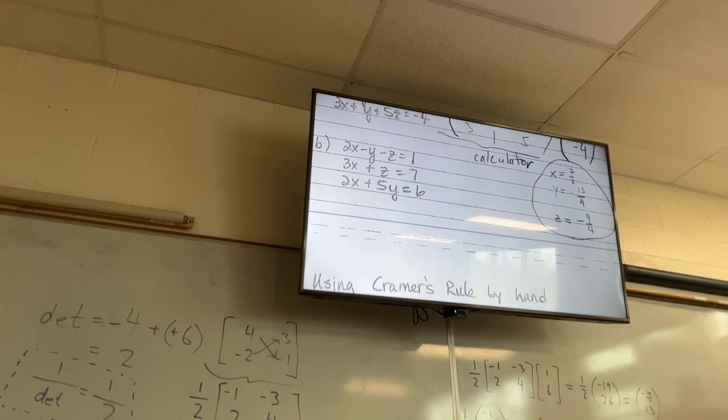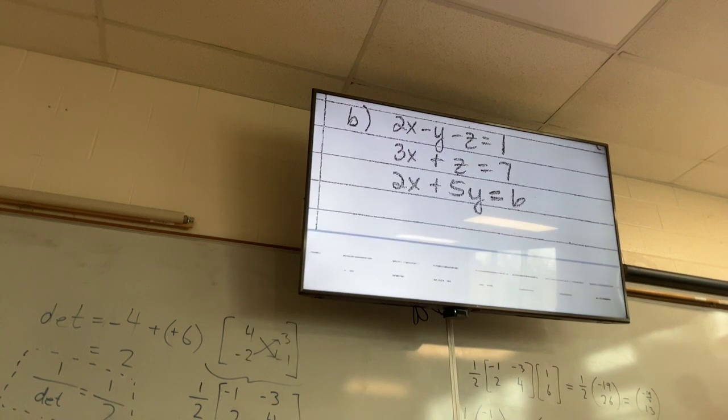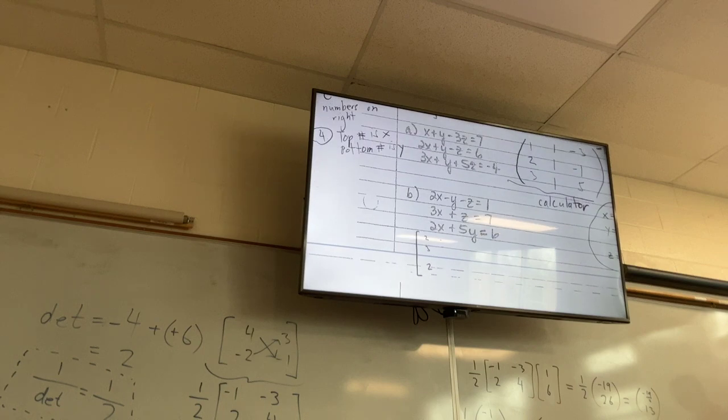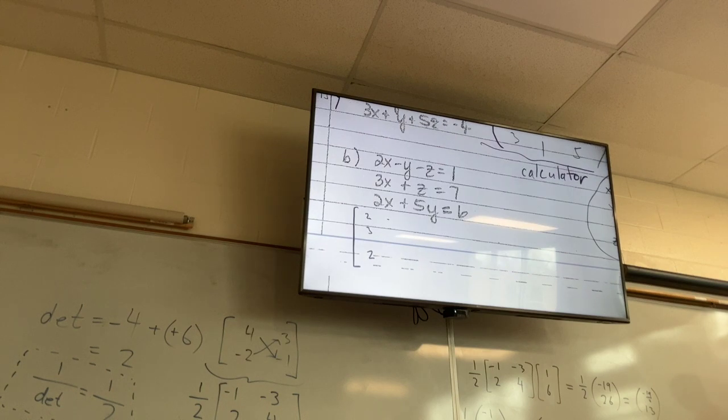All right, so what's my coefficient matrix? 2, 3, 2, negative. Be careful.